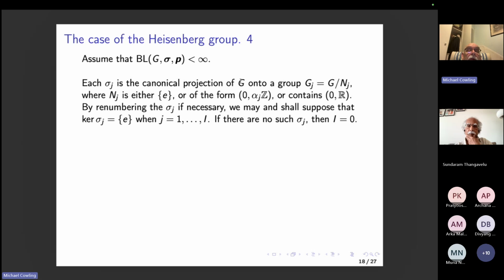The normal subgroup can just be the identity. It can be {0} times alpha j Z, where alpha j is not equal to 0, or it contains the whole center. It contains the whole subgroup Z.